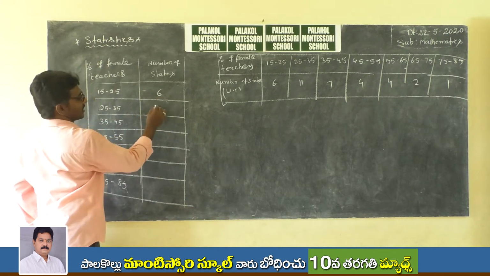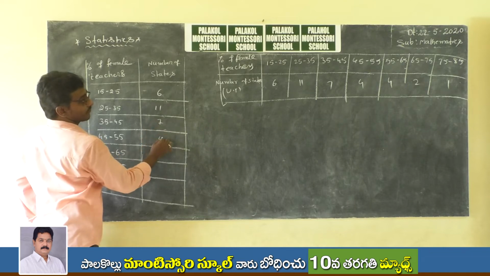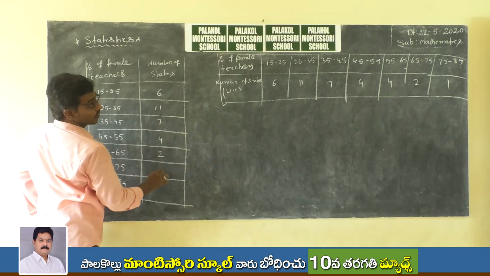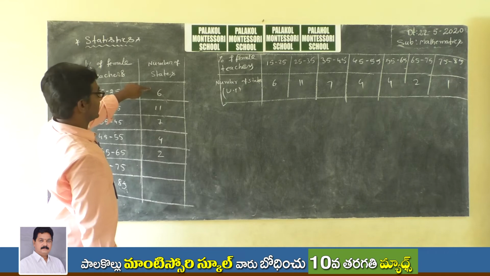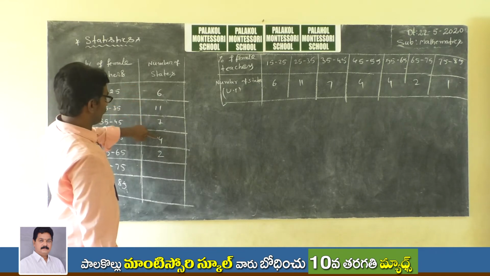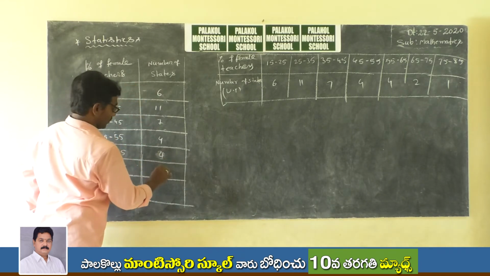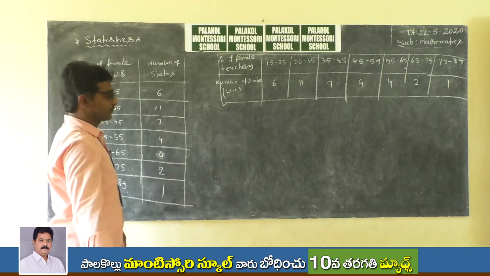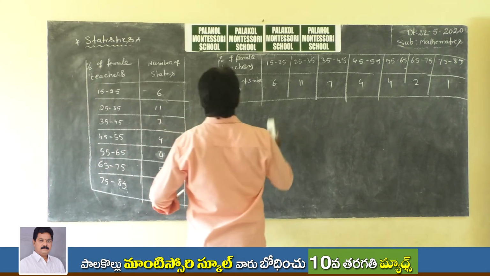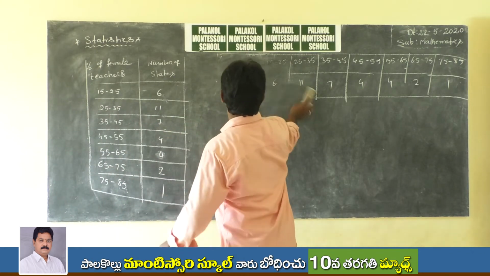Yes, 6, 11, 7, 4, 4, 2, 1. The table is not completed.